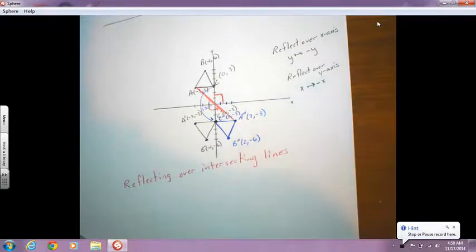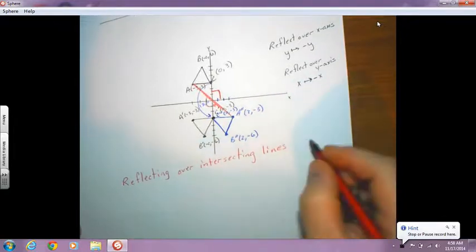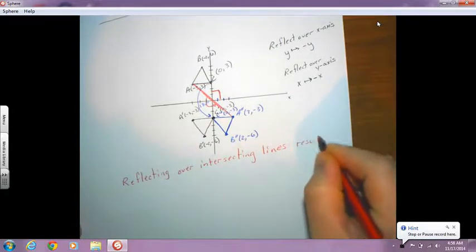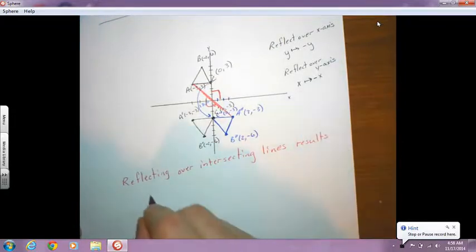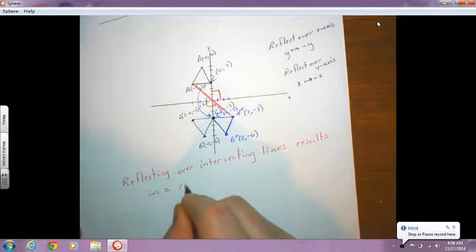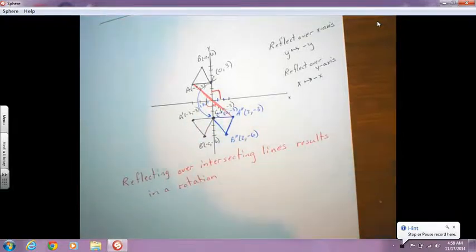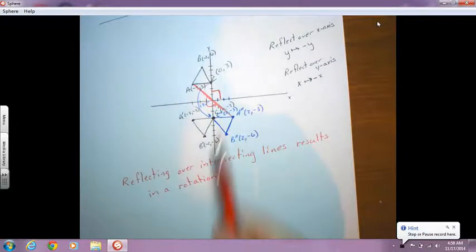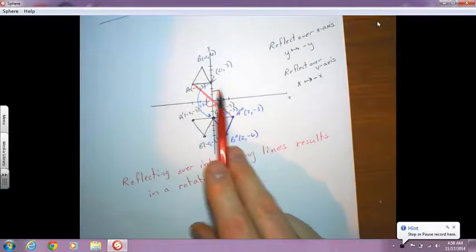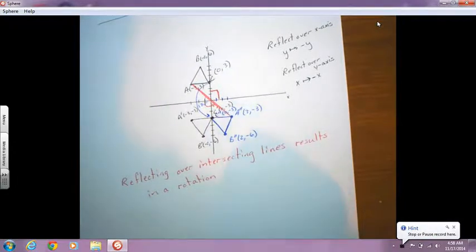So when we reflect over intersecting lines, we get a rotation. And what happens with the rotation is that the angle of the rotation is twice the size of the non-obtuse angle between the two lines we reflected over.